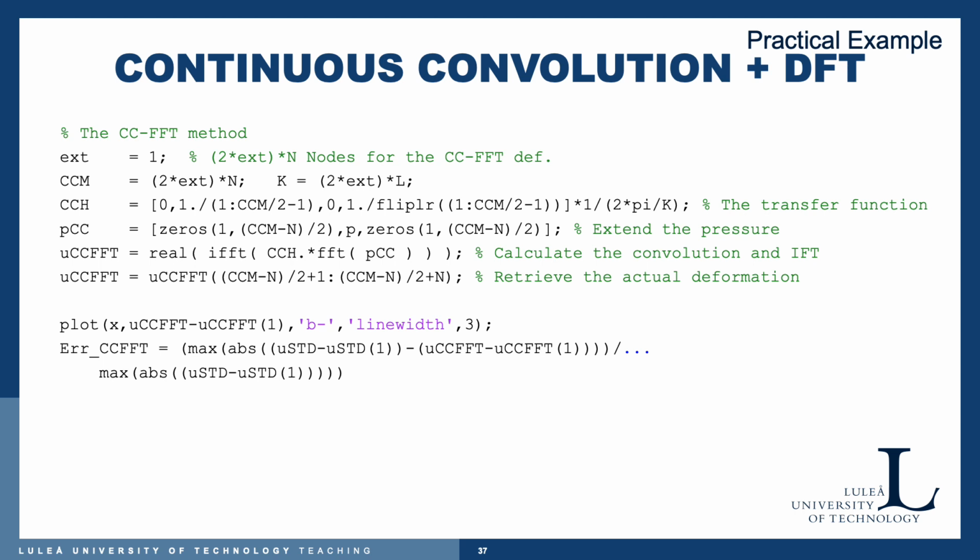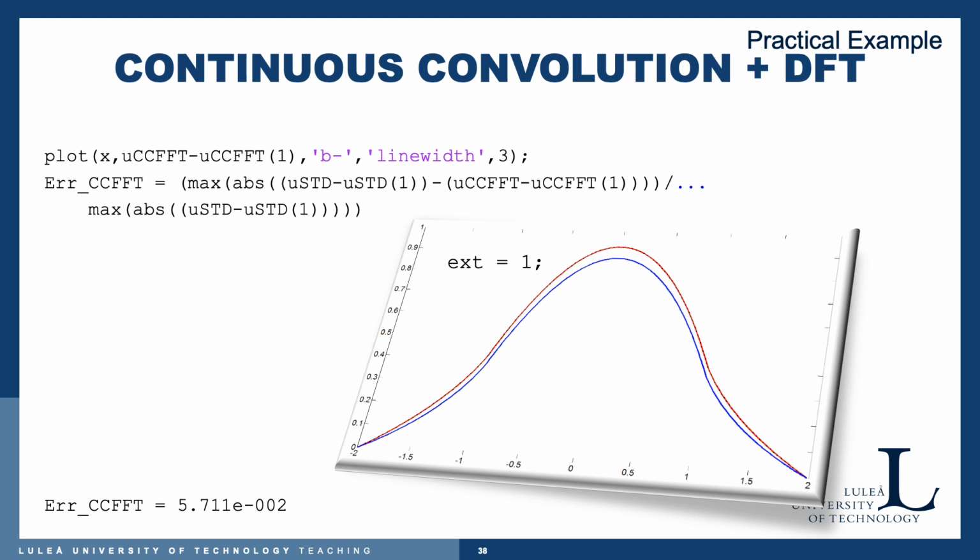It's just 1. Then we have in black the standard way of computing deformation, matrix vector multiplication. In red we have the DCFFT dashed, and then in blue we have the CCFFT, and we can clearly see that there is a difference.